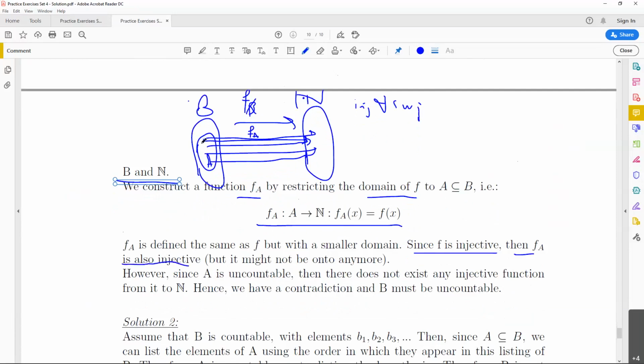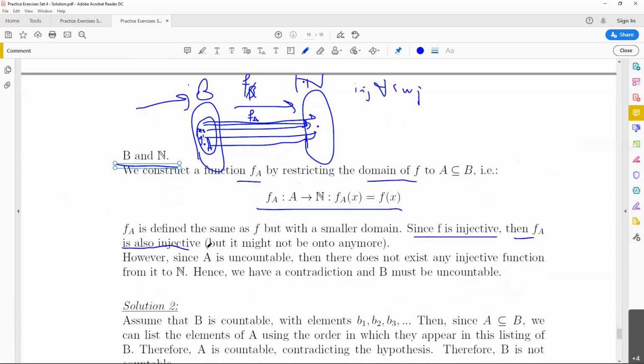What does it mean to be injective? You already know. Obviously, B is injective, so A also has to be injective. You're not going to find two different elements in A that point to the same element in N, because otherwise, B wouldn't be injective. But it might not be onto anymore.